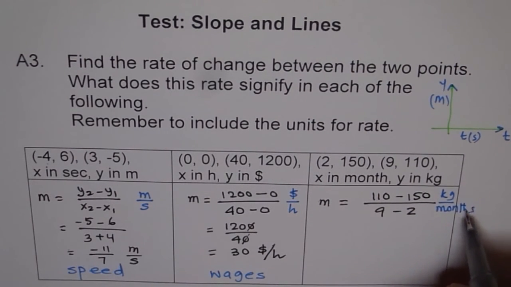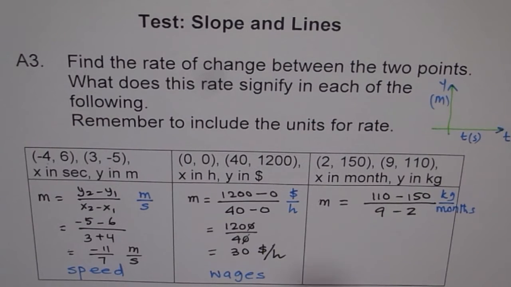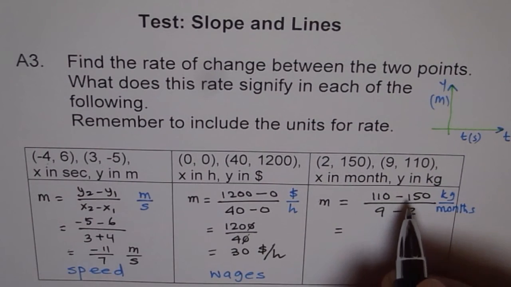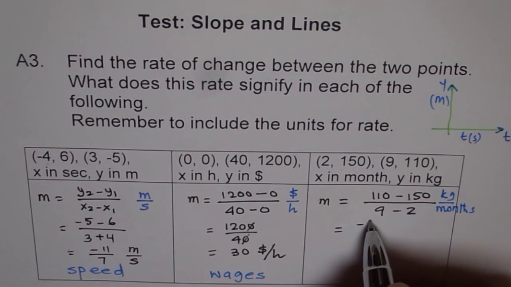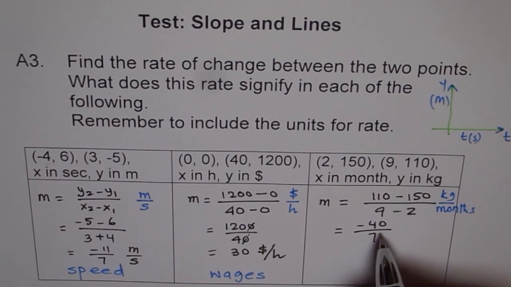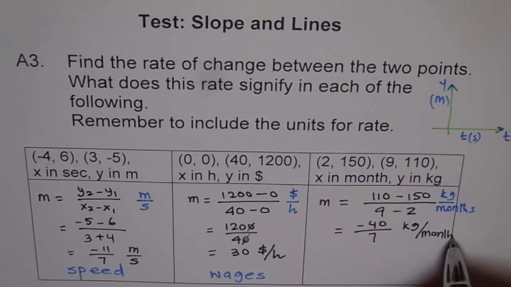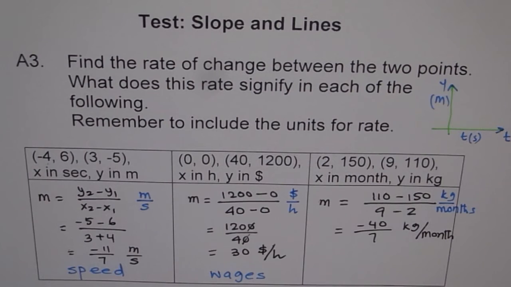So kg per month, right? And 110 minus 150 means minus 40, over 9 minus 2 is 7. You can divide and even write in decimals if you want, but that's fine. So that means negative 40 over 7 kilograms per month. Negative signifies reduction, right? So it could be weight loss.